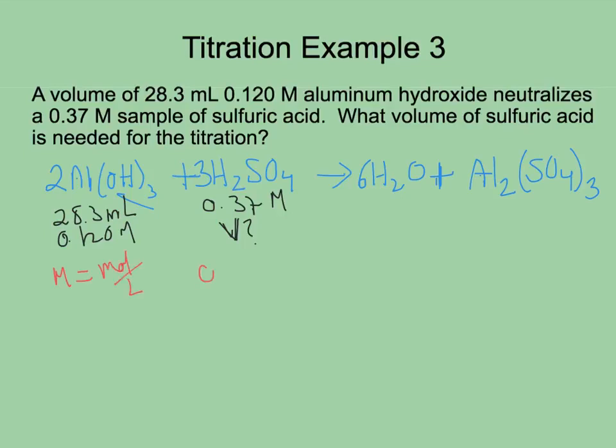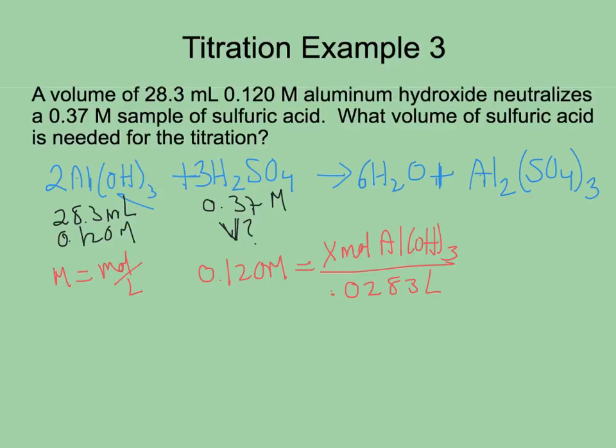I know that it's 0.120 molar, so that equals X moles of aluminum hydroxide over the volume of aluminum hydroxide, which is 0.0283 liters.